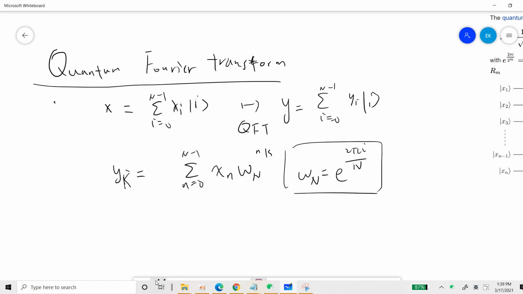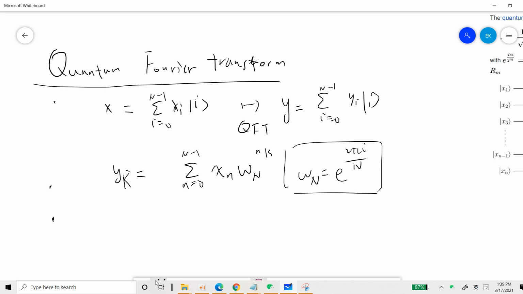So you take the capital N-th root of unity and raise it to the power nk, with n from 0 to N minus 1, and then pick a y_k for each coefficient, right? So this is like a linear map. There's just a matrix representation for the quantum Fourier transform, and these operations are called the quantum Fourier transform.